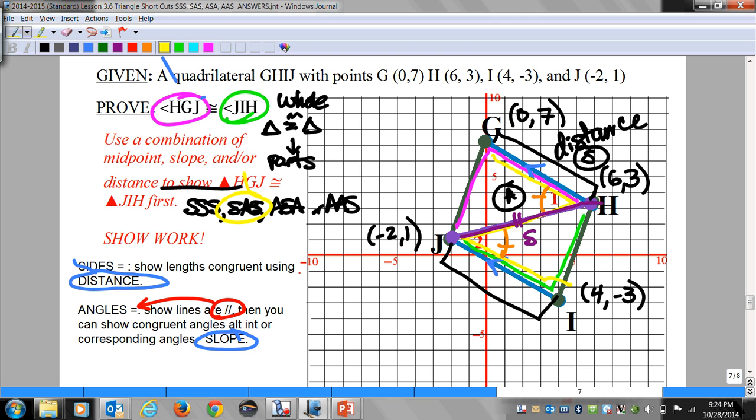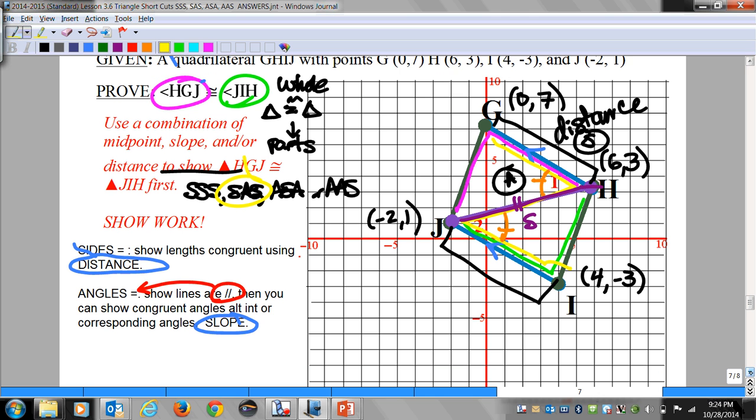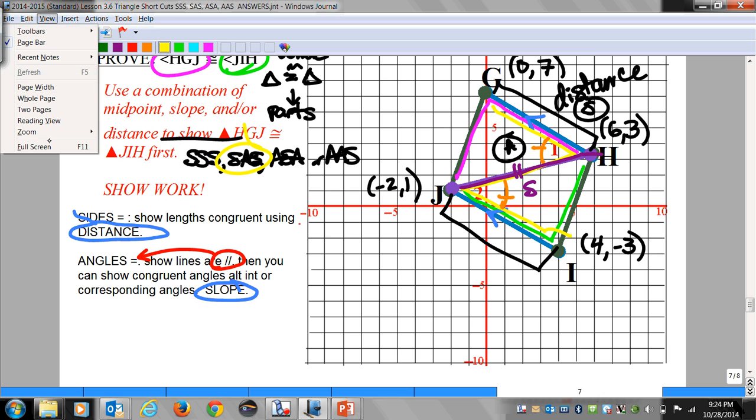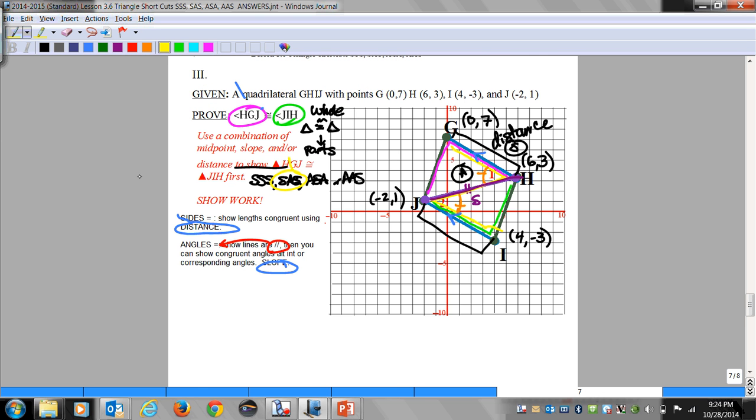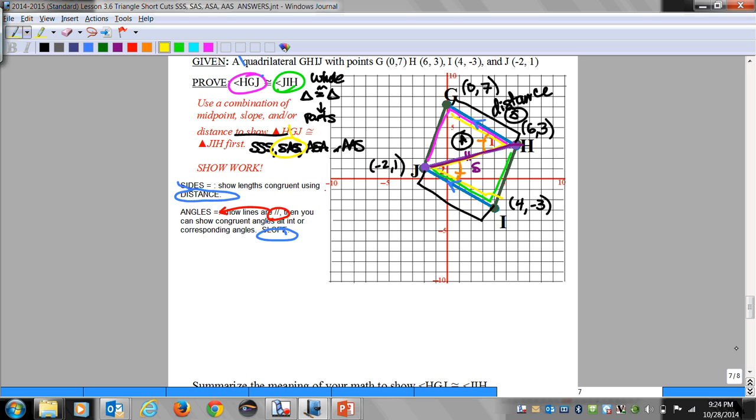Let me show you how this works. First, we're going to find our first side using the distance equation. So we're doing side first. We're going to show a pair of sides equal in distance.